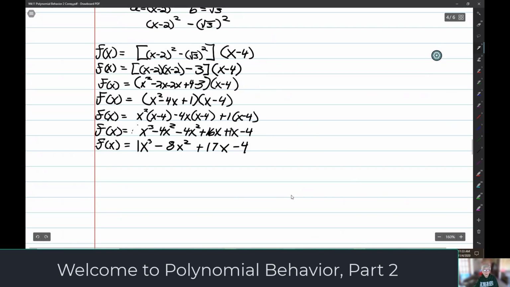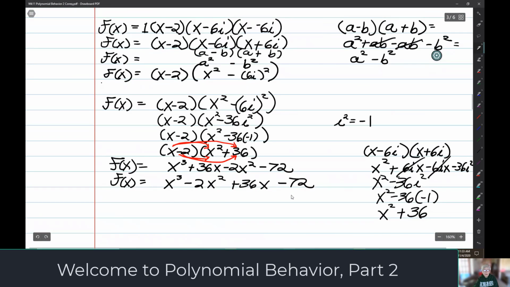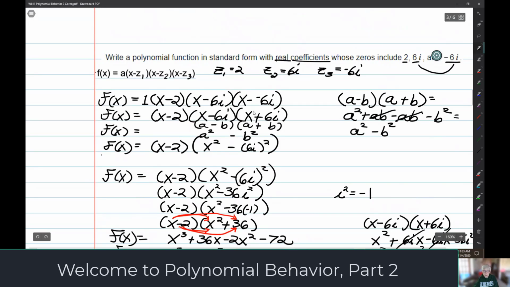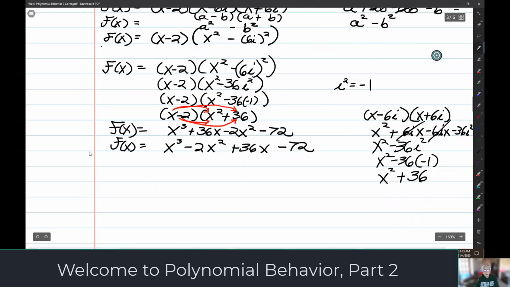And these middle problems show you how, when you do have conjugates, after you work through the whole thing, you do have real coefficients and rational coefficients.